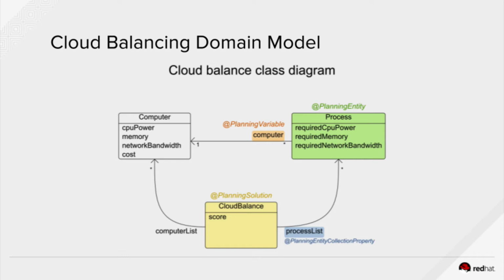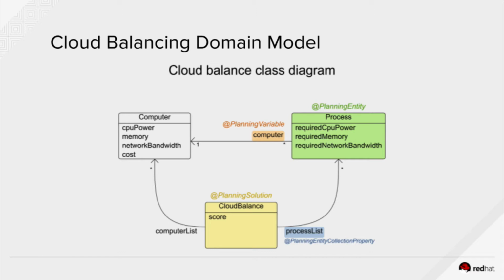The second thing it contains is a list of variables. In this case, it contains a list of all the available computers that we can assign our processes to. And third, it contains the score. For every solution that OptaPlanner finds, it calculates a score, which is saved and contained within the planning solution.